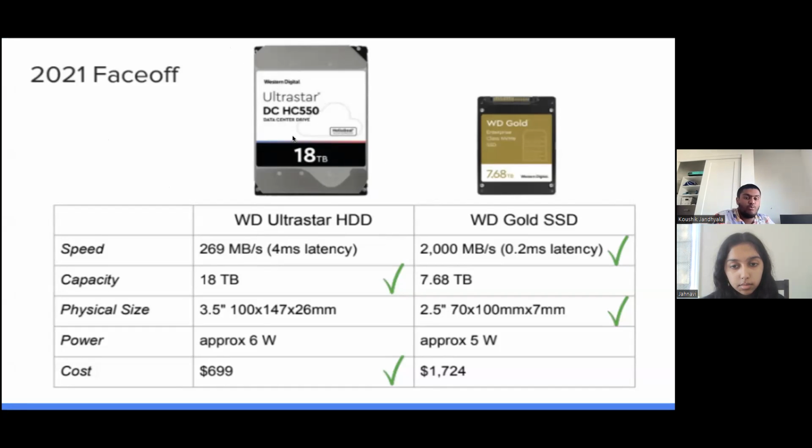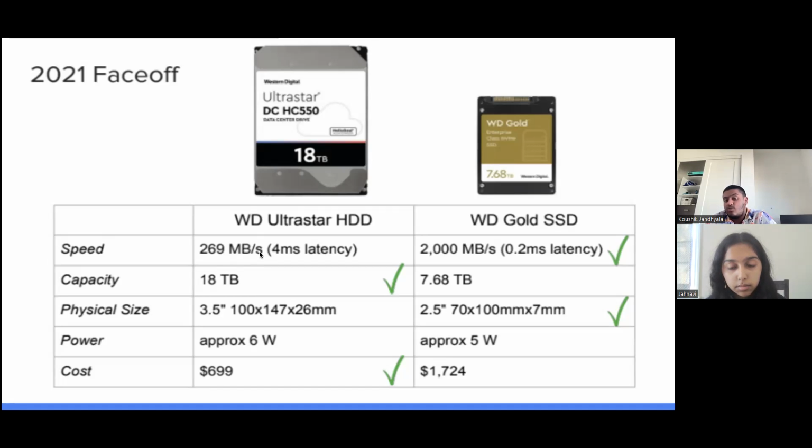The throughput of this hard drive is 269 megabytes per second with a 4 millisecond latency, while the throughput of the SSD is about 2,000 megabytes per second with a 0.2 millisecond latency.